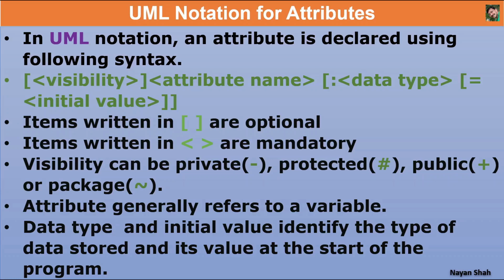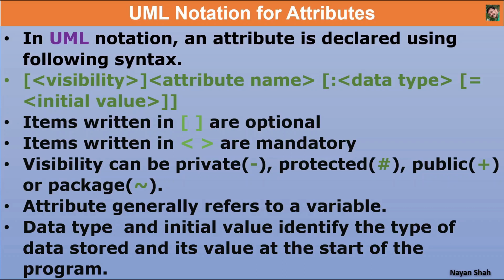Now the things which are written within square brackets are optional. That means visibility is optional, data type is optional, initial value is optional. Items written within angular brackets are compulsory.